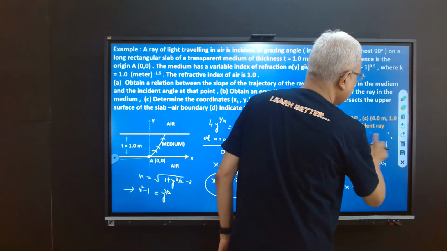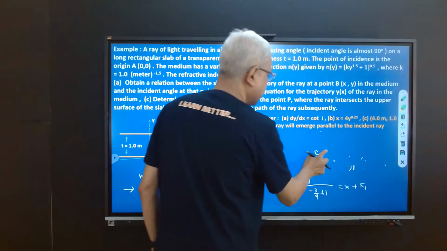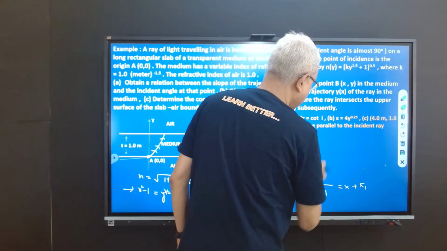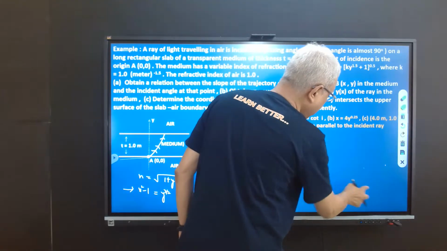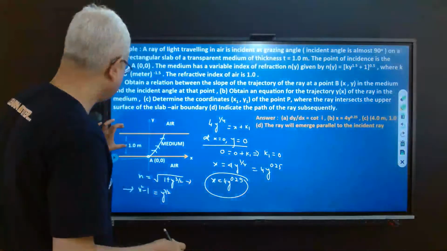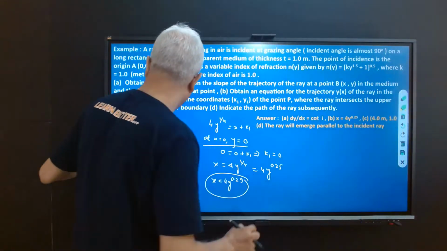They have asked at which point the ray of light will exit the slab. Now at the point of exit, the y coordinate of the trajectory is definitely y equal to 1 meter, because the thickness of the slab is given as 1 meter.